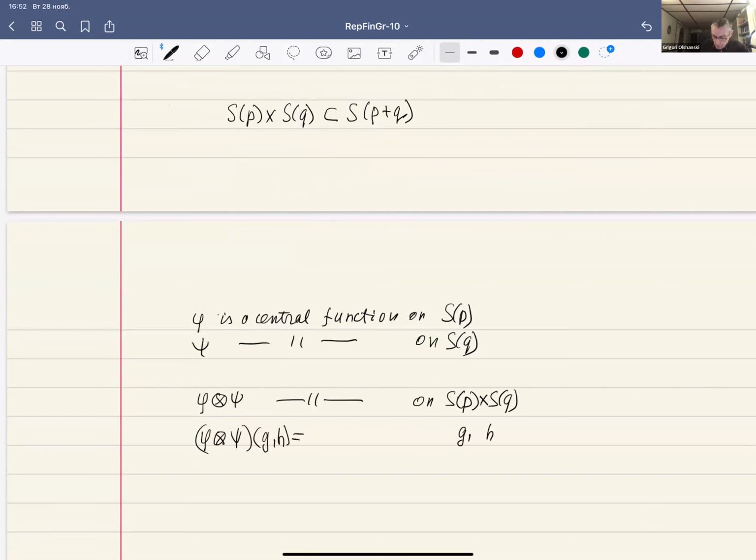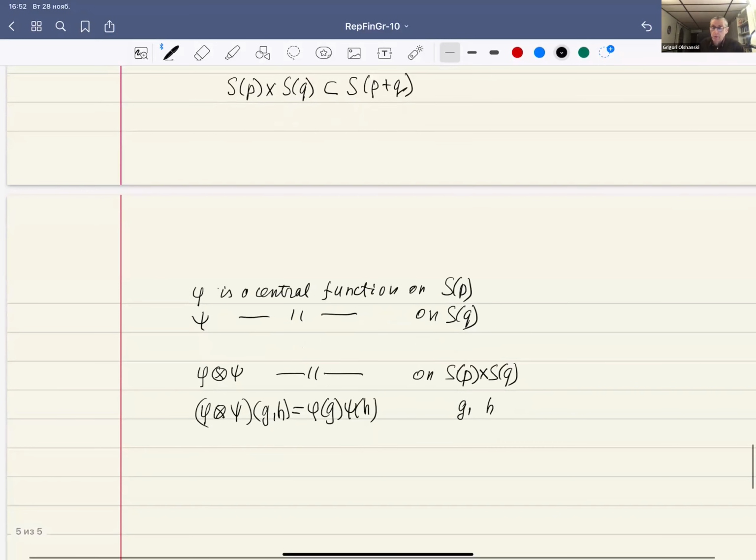We may imagine that we identify permutations and the corresponding permutation matrices.